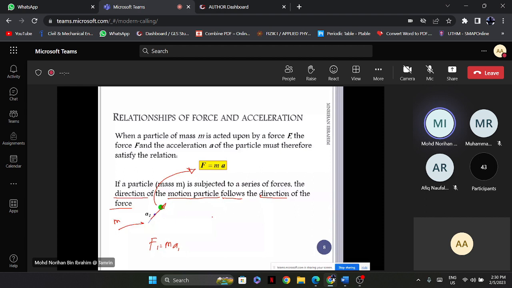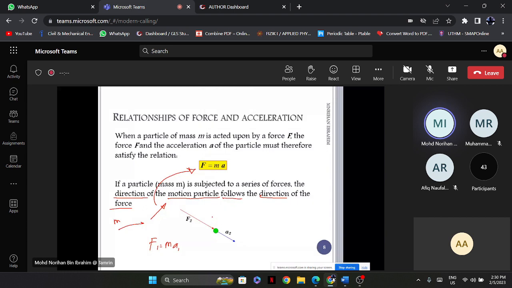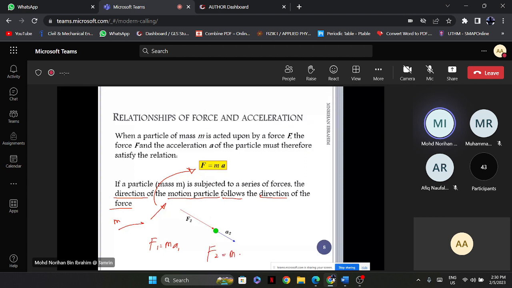And let's say we have this F2, where a particle is acted upon by an external force F2, it will have the same direction as the force, and it will have an acceleration of a2. Then we can write down the equation for this one: F2 is equal to ma2.